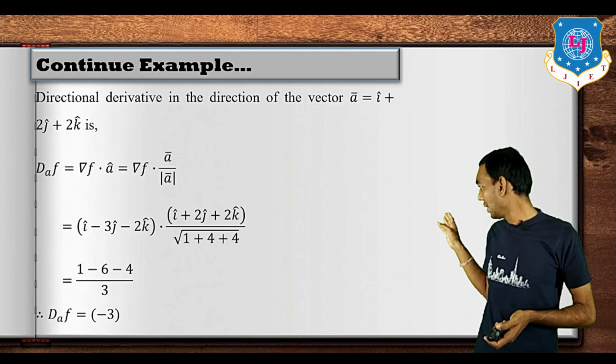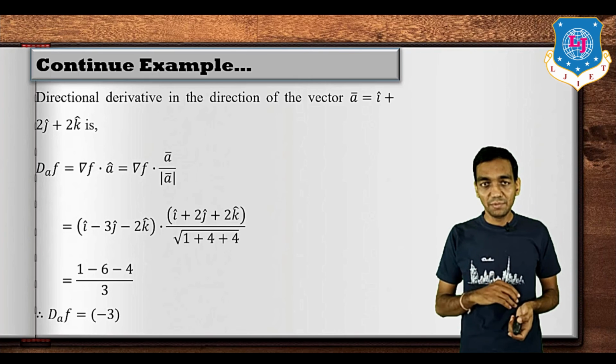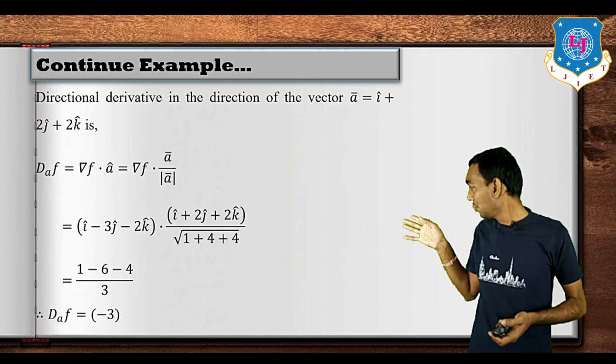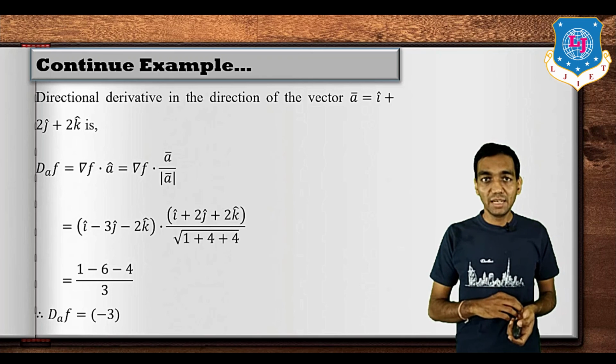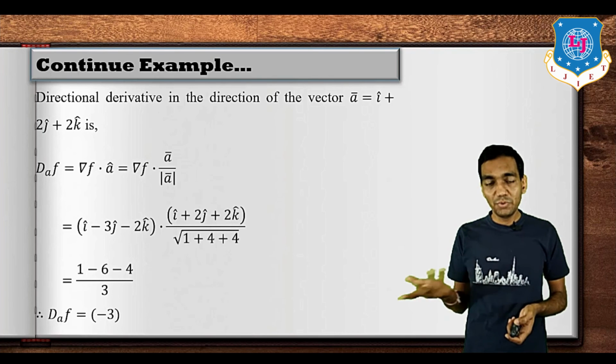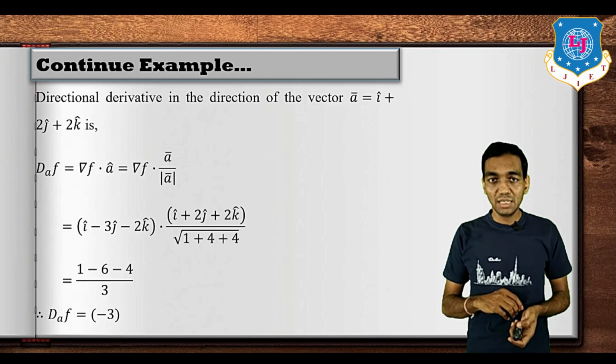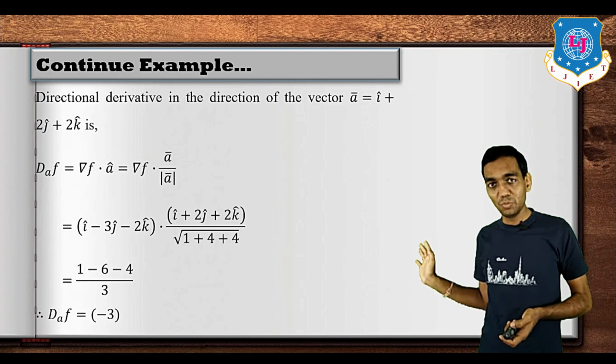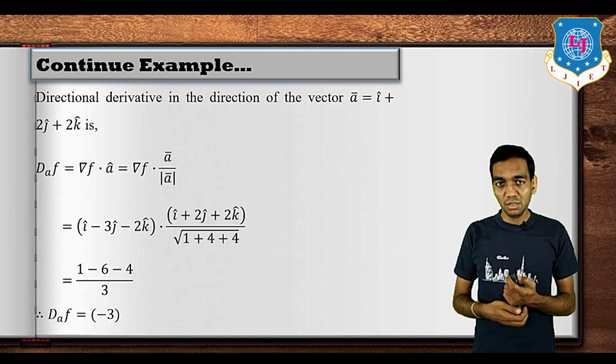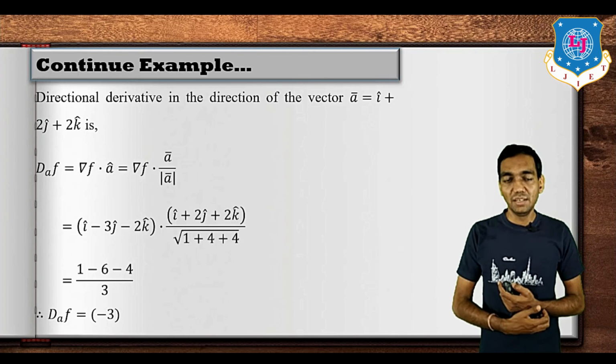Now grad f has a value i minus 3j minus 2k and a bar is i plus 2j plus 2k divided by mod of a bar, that is the square root of 1 square plus 2 square plus 2 square, that is 1 plus 4 plus 4, and that will be 9. So root of 9 will be 3. So the denominator has a value 3.